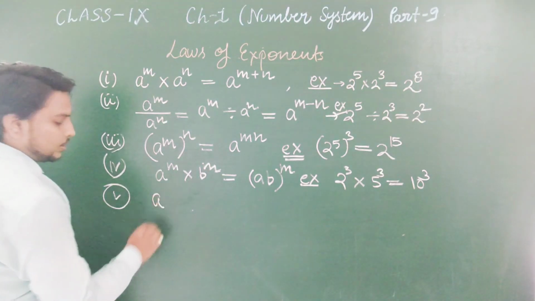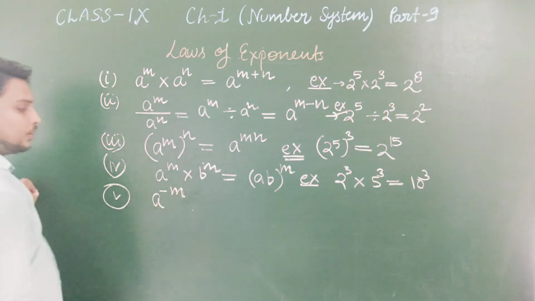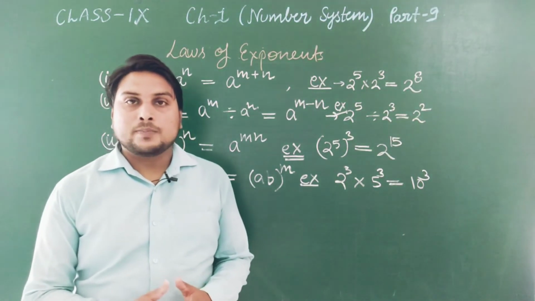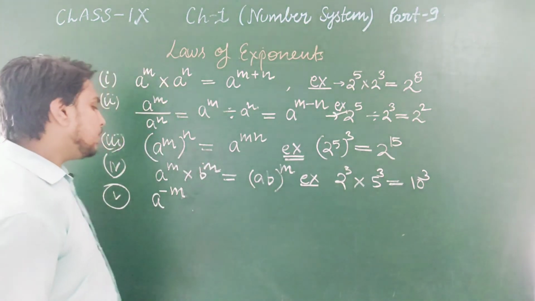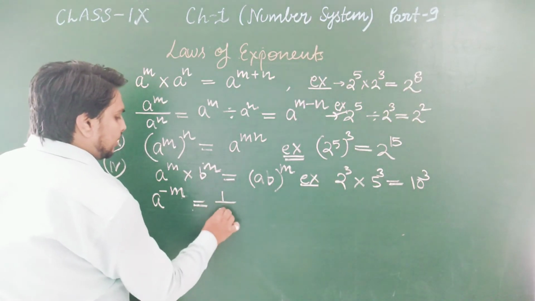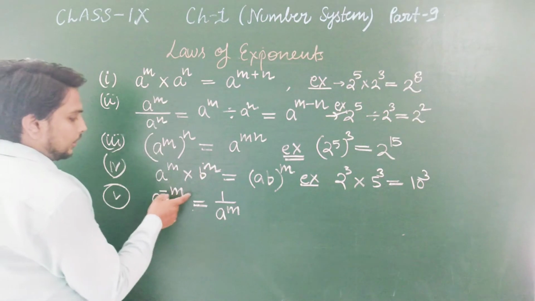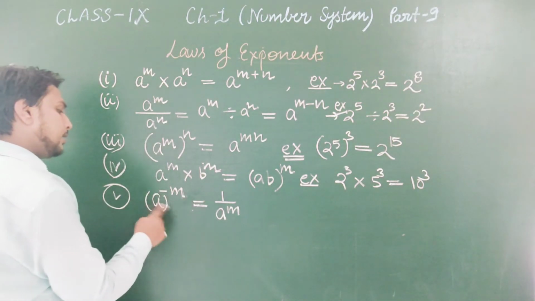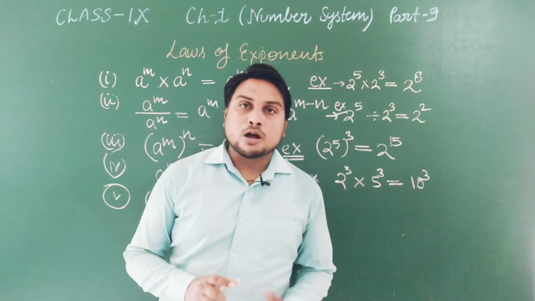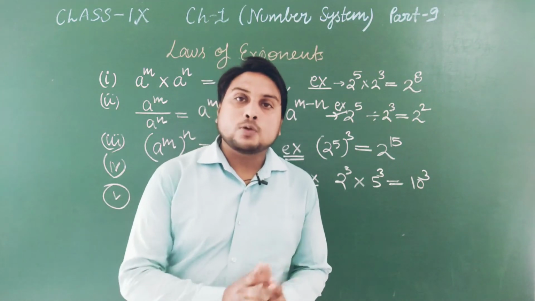Then if there is a to the power minus m, meaning a negative number in the power, how will we make that power positive? We can write it as 1 upon a to the power m. That means you write the reciprocal. If there is a negative sign in the power, you have to write the reciprocal of that number.